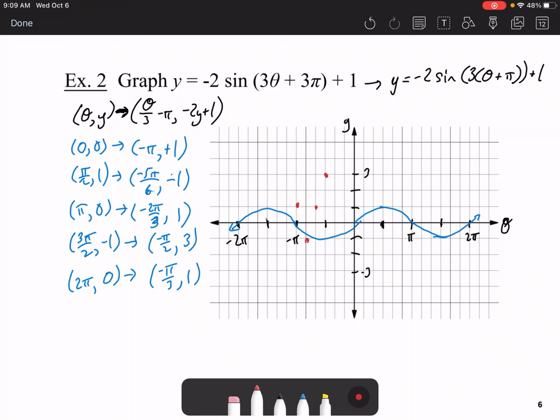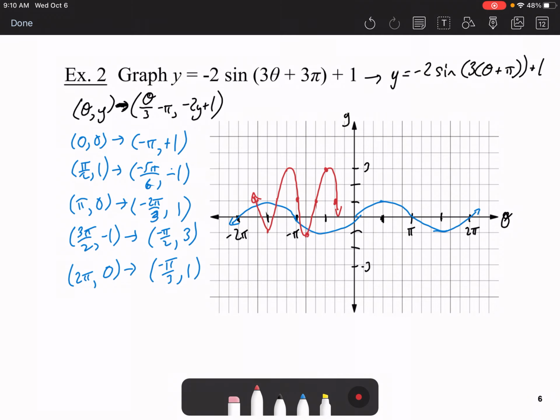So I'm just drawing these points. And again, you can extend the graph if you wish by drawing the same pattern as you go. And again, try to make them circular in nature, or semicircular in nature. And there you get your transformed function.